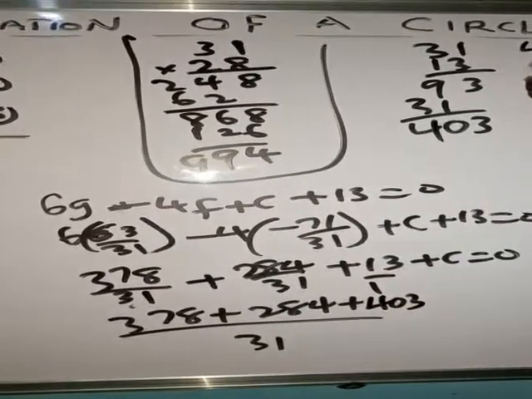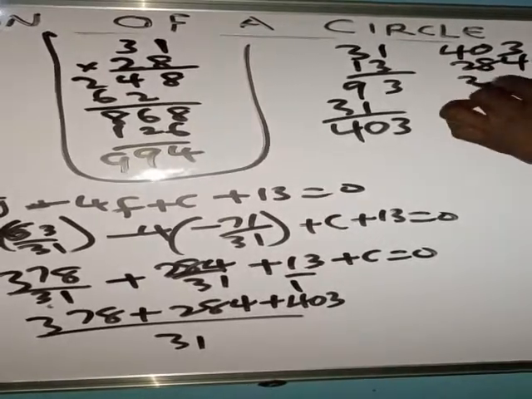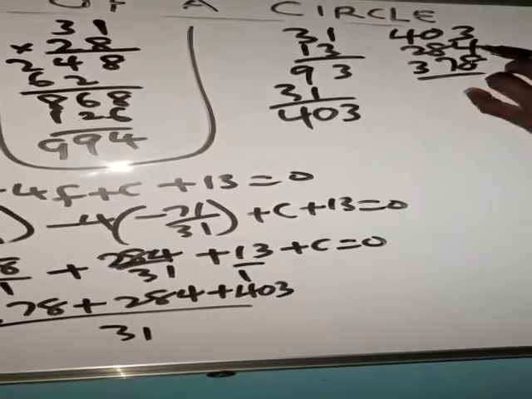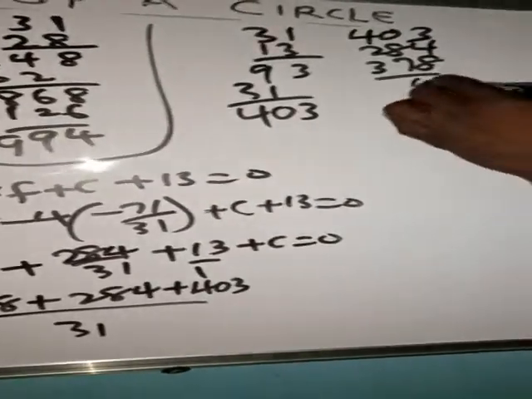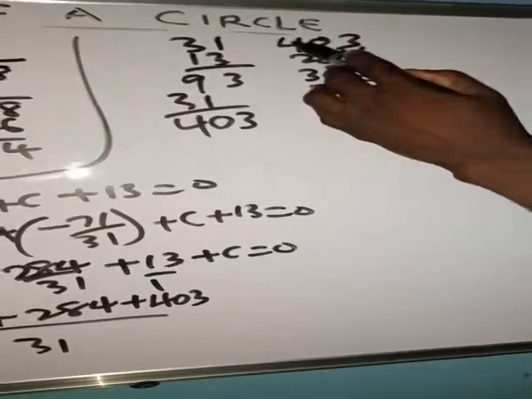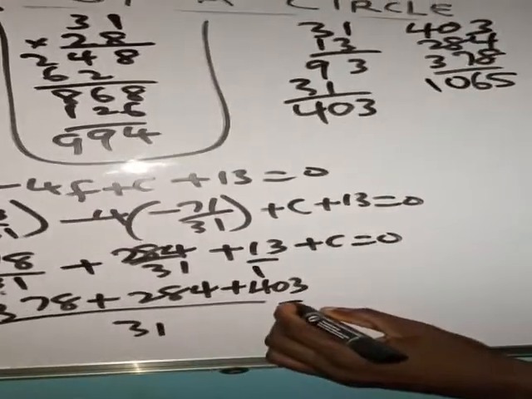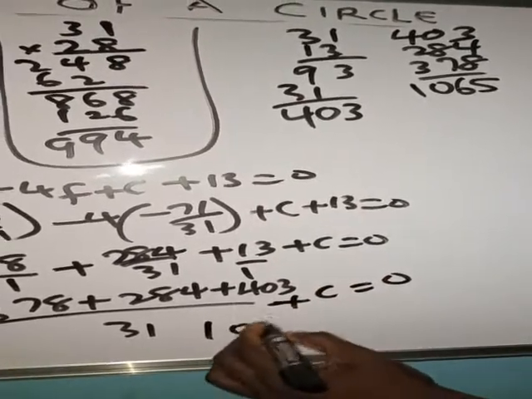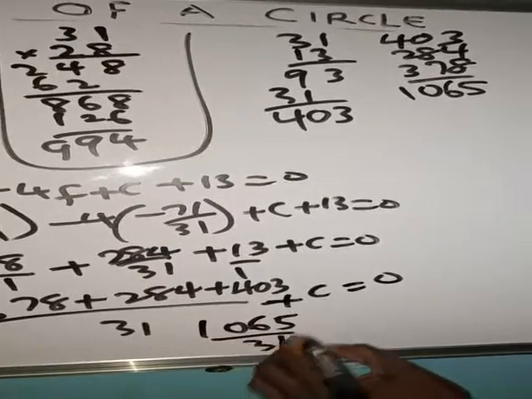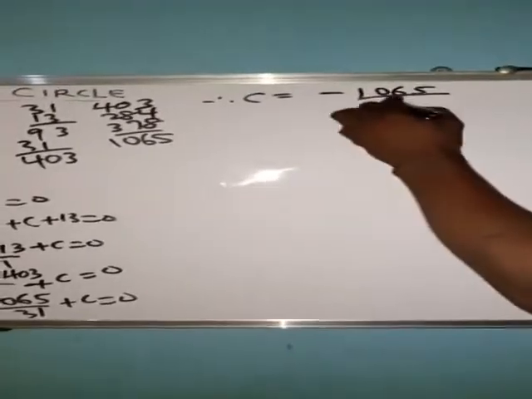So 403 plus 284 plus 378. 8 plus 4 is 12 plus 3, 15, carry 1. 8 plus 7 is 15 plus 1, 16, 6 carry 1. 1 plus 4, 5, plus 2, 7, 7 plus 3 is 10. So we have 1065 over 31 plus c is 0. Therefore, c is minus 1065 over 31.